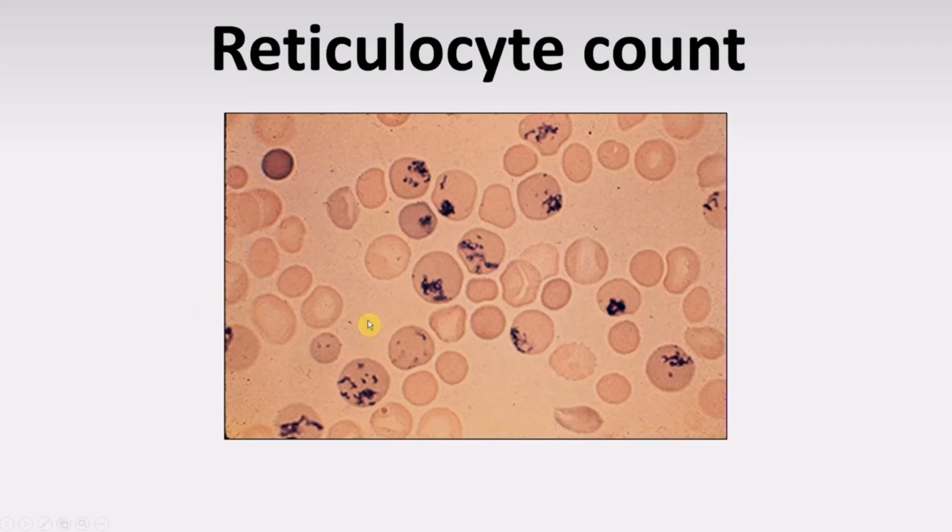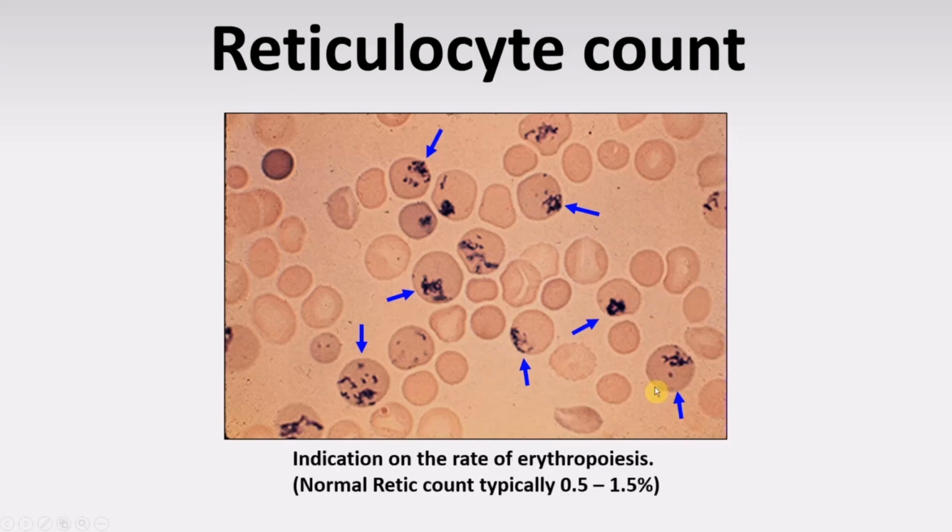In other words, we can actually stain the reticulocytes, and then you can see from here that those premature red blood cells that have remnants of endoplasmic reticulum can actually be stained easily. And by counting the number of reticulocytes, we can actually have a good sense of the rate of erythropoiesis that is ongoing in the body.